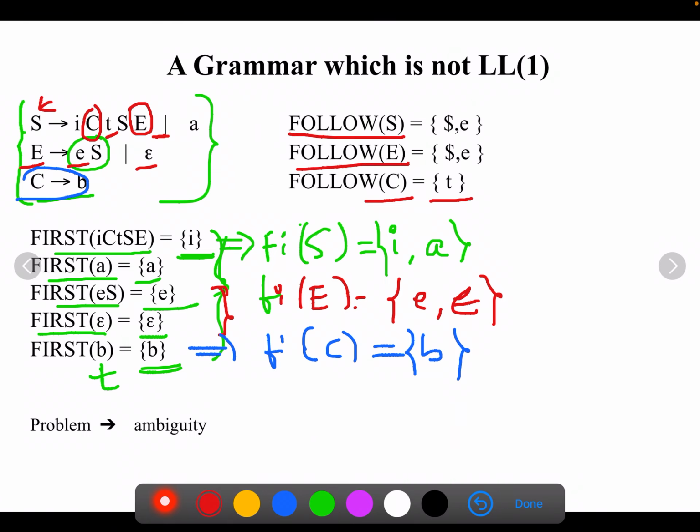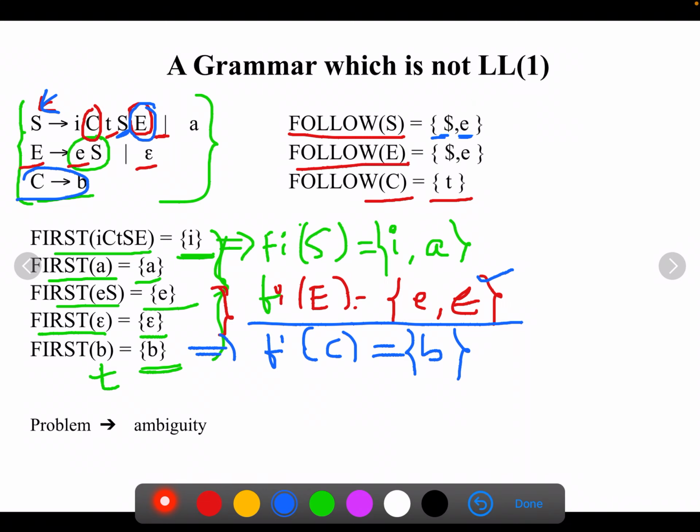For follow of S, who is following S, that is E. If it is a non-terminal, first of E to be considered. So what is first of E? Small e and epsilon. So we have to include that small e, and because it is having epsilon, we have to take follow of S again. What is follow of S?